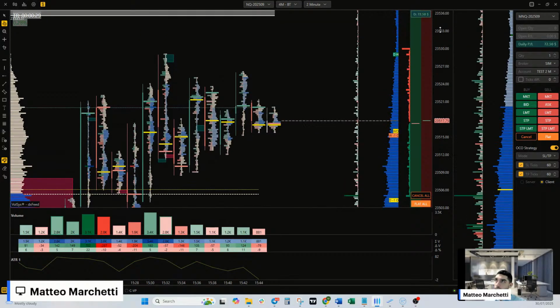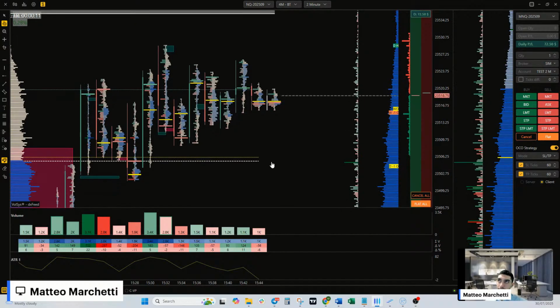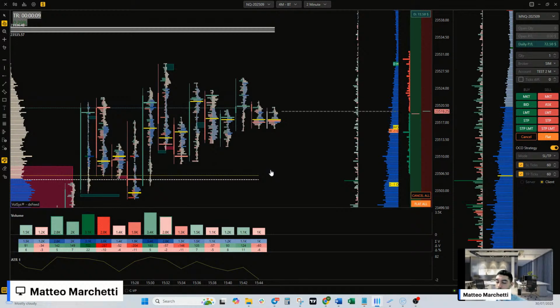So this strategy, as you know, works better on smaller time frames, so I prefer to use it on the 2 minutes time frame. You can go to 1 minute, but you can also use it on higher time frames, like 15 or 5 minutes, for example. And it's all based on positive and negative delta areas, intrabar positive and negative delta areas.